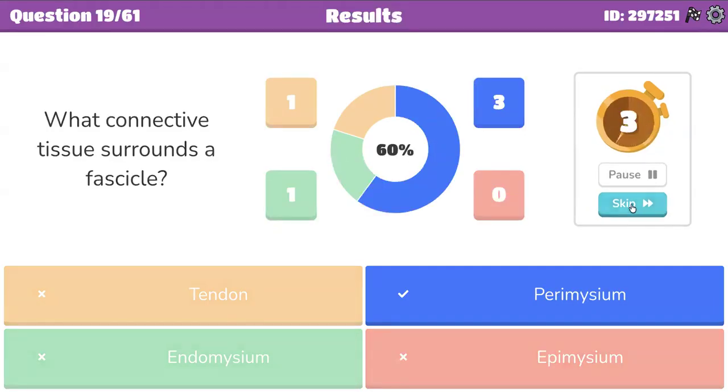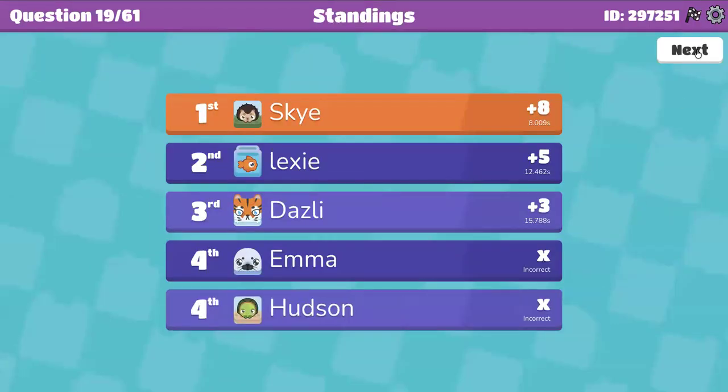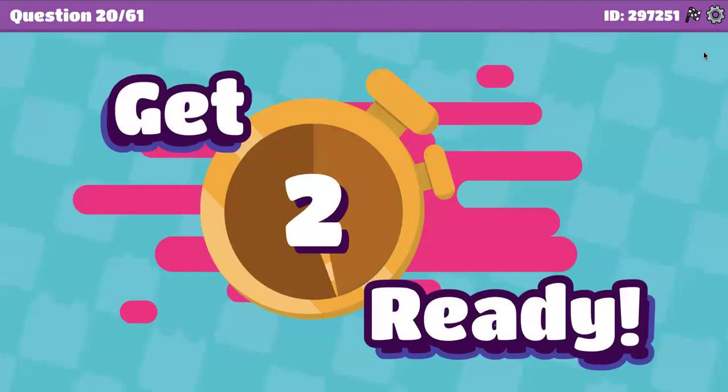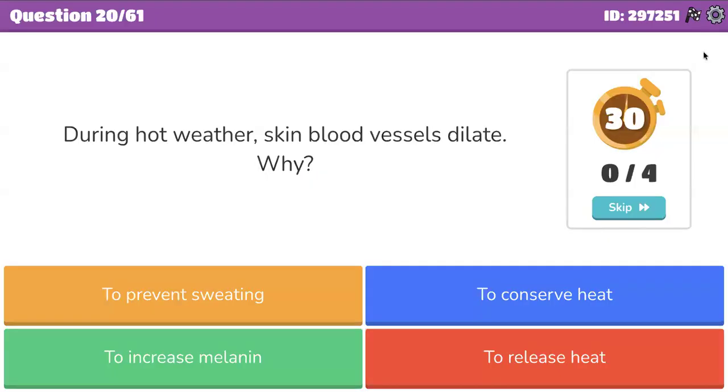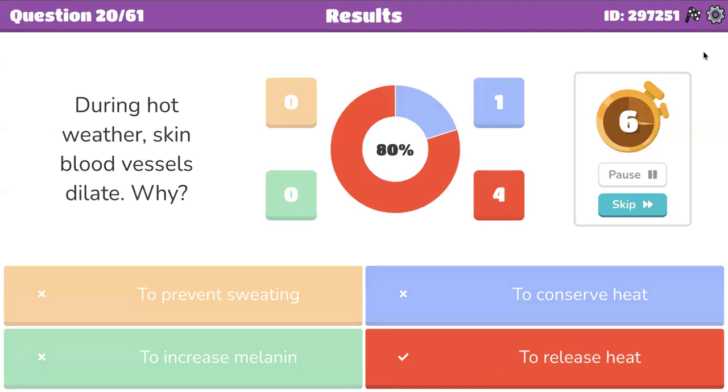Perimysium. Peri means around. During hot weather, skin blood vessels dilate. Why? To release heat.